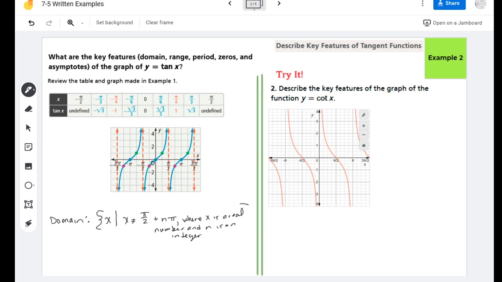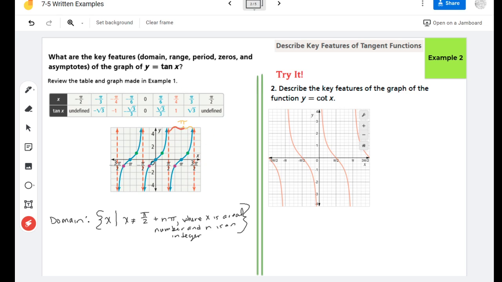So let's talk about what this means. You can see that there's an asymptote occurring at pi over 2, 3 pi over 2, negative pi over 2. This distance right here is the distance pi, because 3 pi over 2 minus pi over 2 is 2 pi over 2, which would be pi.